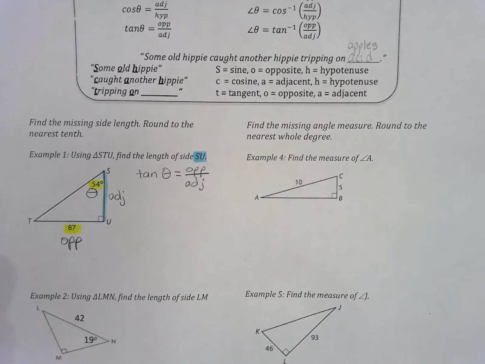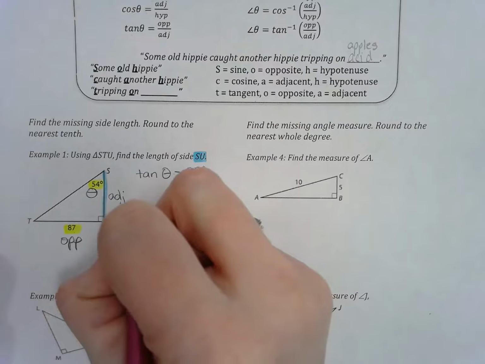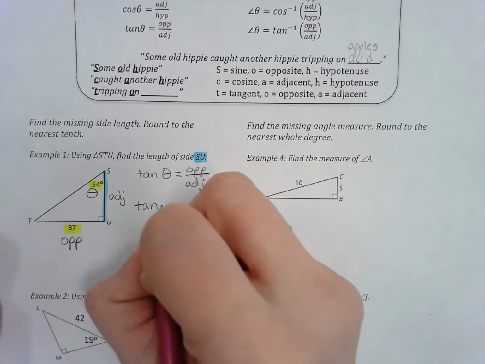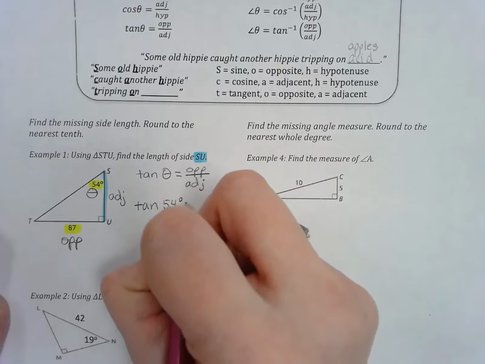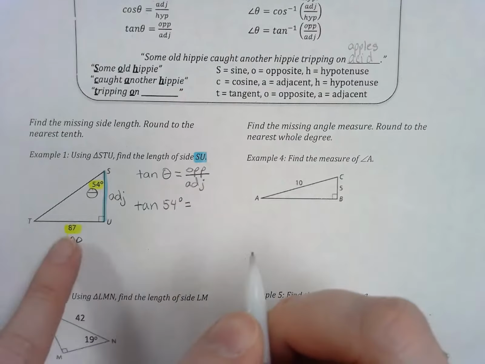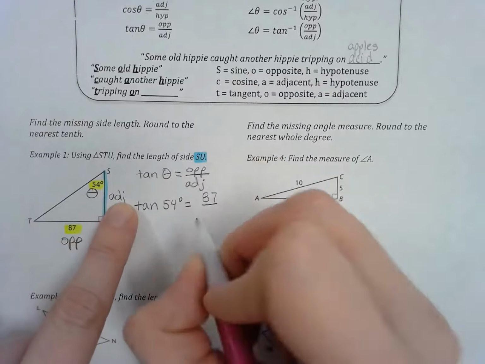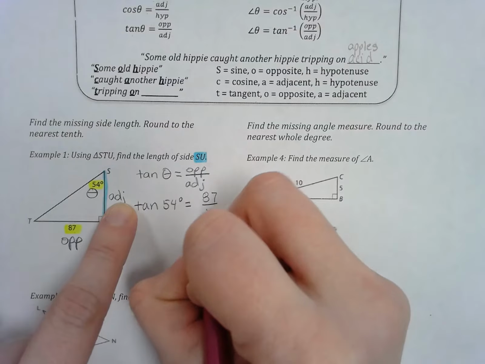So let's plug in our pieces of the triangle. So we're going to do tangent of our theta angle, 54 degrees, equals opposite is the piece we know, so 87 divided by adjacent, that's what we don't know, so use a variable.